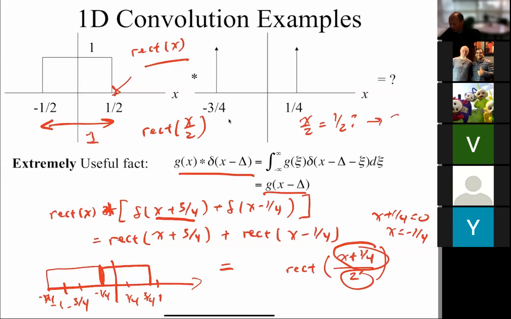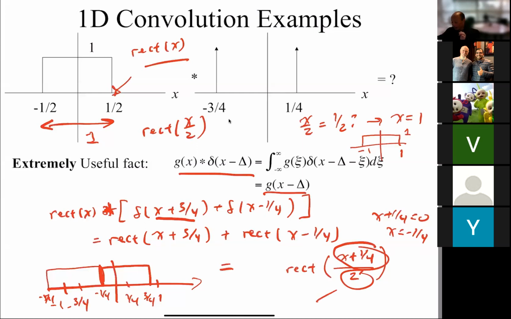Well, that's when x equals 1. And similarly, x over 2 equals minus 1/2 when x equals minus 1. So I would draw rect of x over 2 going from minus 1 to 1 with a value of 1. You can see the width of that is 2 now.